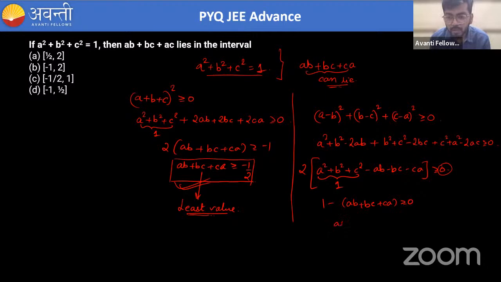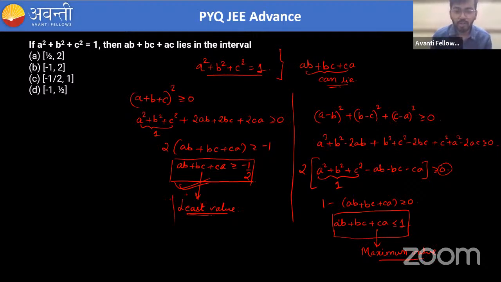So from here you can conclude that AB plus BC plus CA will be less than or equal to 1. So from this we can understand that this will be the maximum value of AB plus BC plus CA.